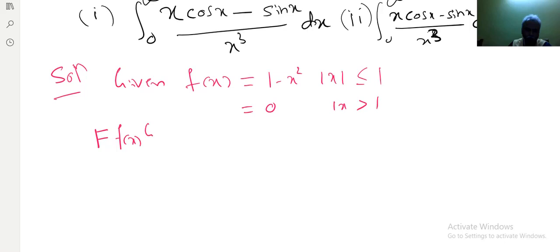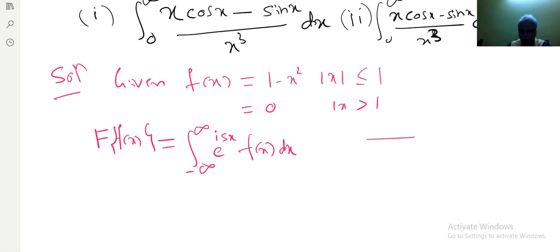Fourier transform of f of x is nothing but, already you are used to it, integration, and you know that this is the kernel of the function, the weight function we are multiplying. We forcibly bring root s so that output becomes s, into f of x dx. So this is having again three ranges: minus infinity to minus 1, minus 1 to plus 1, 1 to infinity.